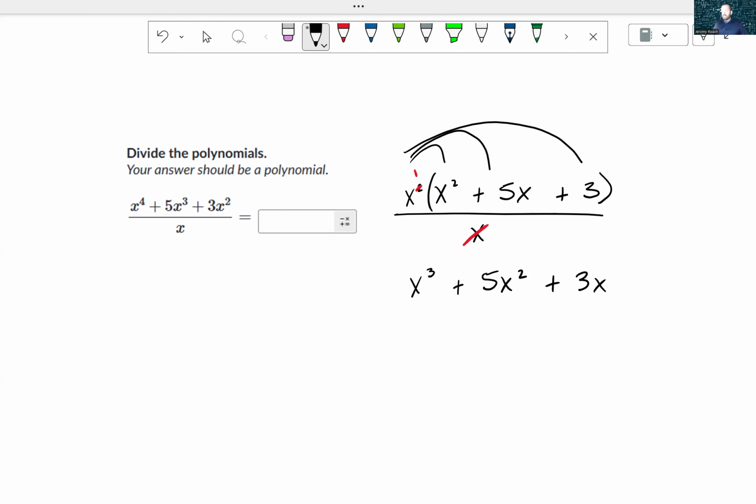Now these are a little bit simple because we're just dividing by x. If it's easier for you, you can just say x to the 4th divided by x is x to the 3rd, 5x cubed divided by x is 5x squared, and 3x squared divided by x is 3x. If that's easier, you can do it that way.